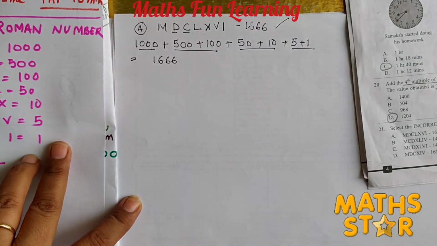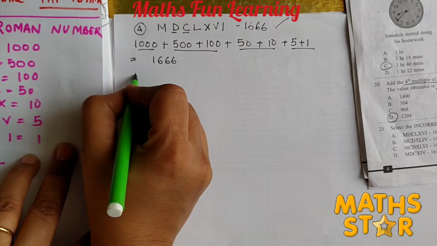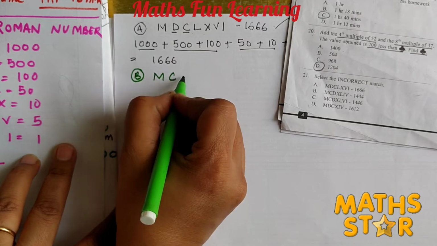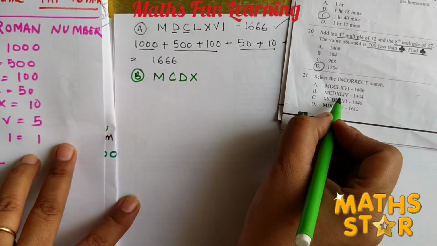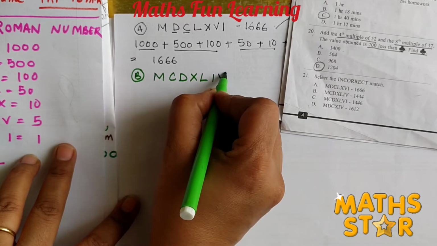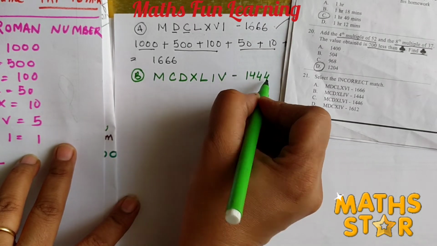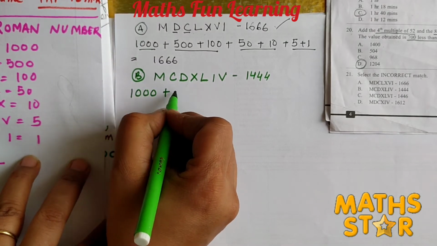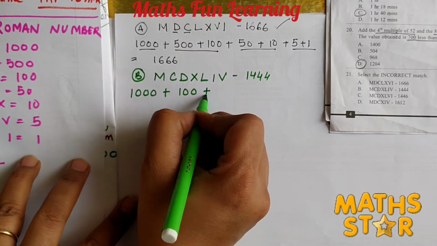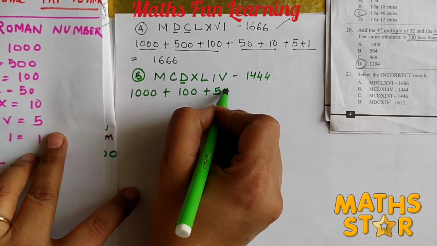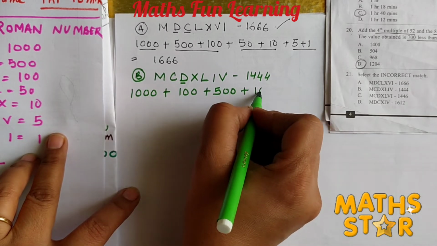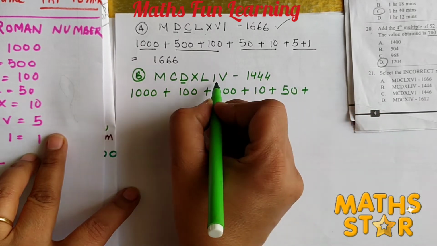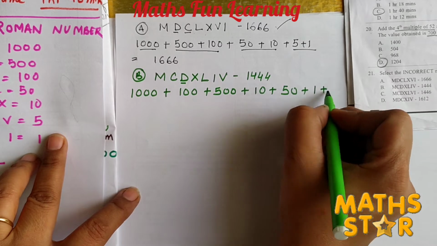So it is correct. Now let's see the B part. B part is M C D X L I V, which is equal to 1444. Let's solve and find out the answer. M is 1000 plus C is 100 plus D is 500 plus X is 10 plus L is 50 plus I is 1 and V is 5.